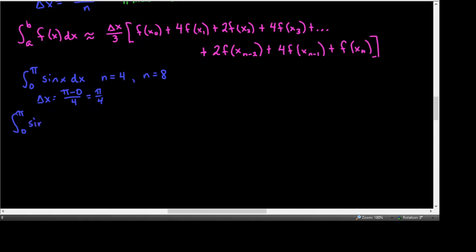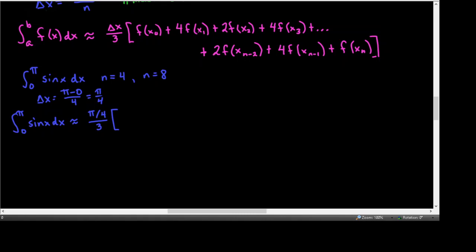So this will be the integral we're trying to approximate. And it will be delta x, which is pi over 4. For Simpson's, we divide by 3. Trapezoids, we divide by 2. And so that will make a difference in your answers if you mix those up, so be really careful.